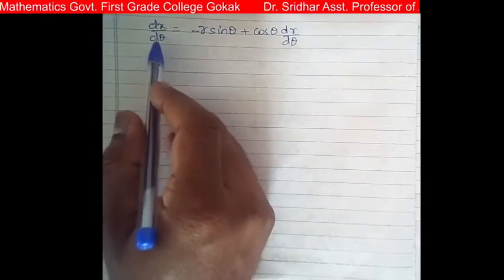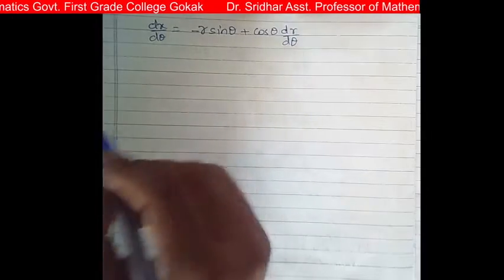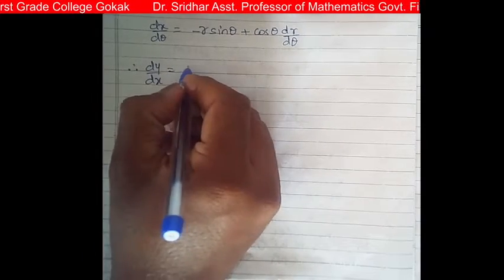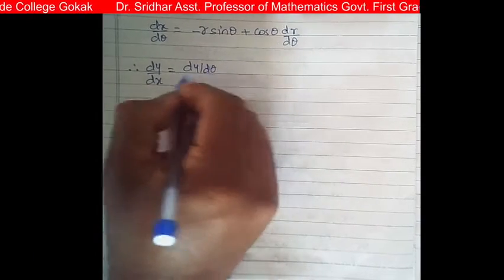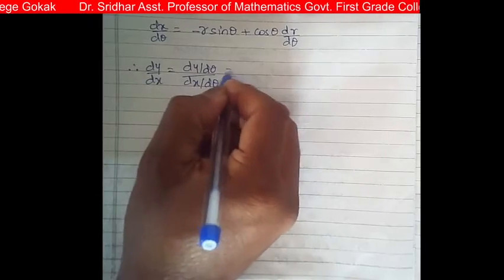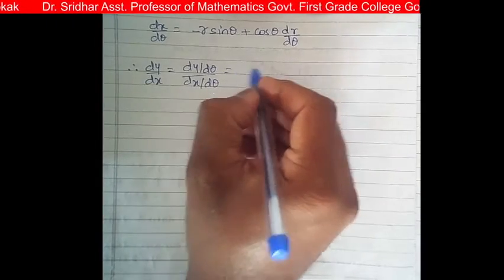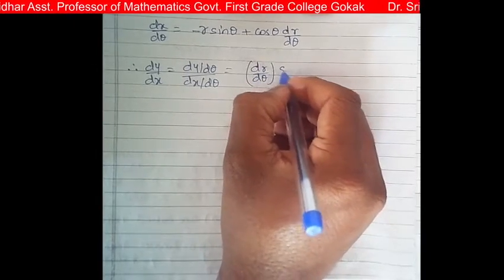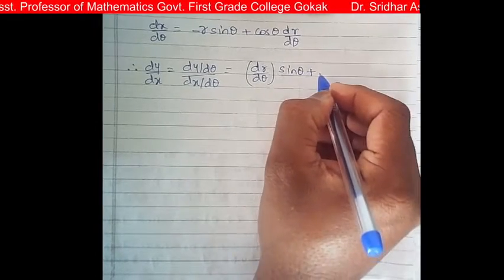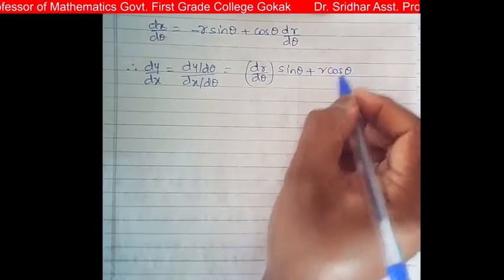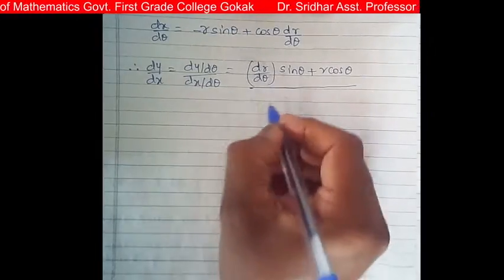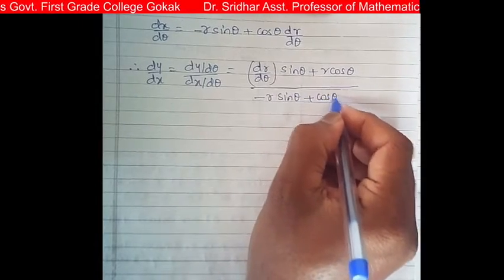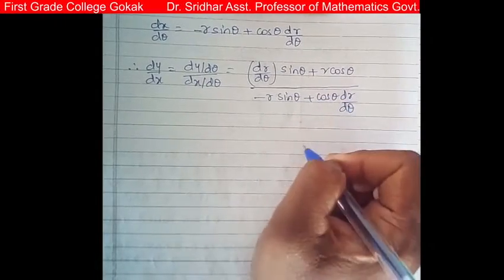So we got dx by d theta and dy by d theta. Therefore dy by dx is equal to dy by d theta divided by dx by d theta, which is equal to dr by d theta into sin theta plus r into cos theta, divided by minus r sin theta plus cos theta dr by d theta.